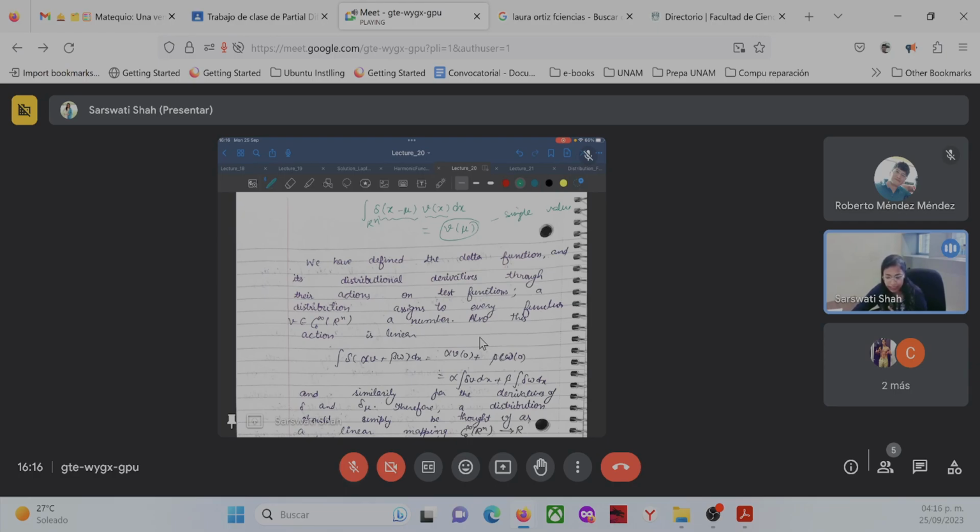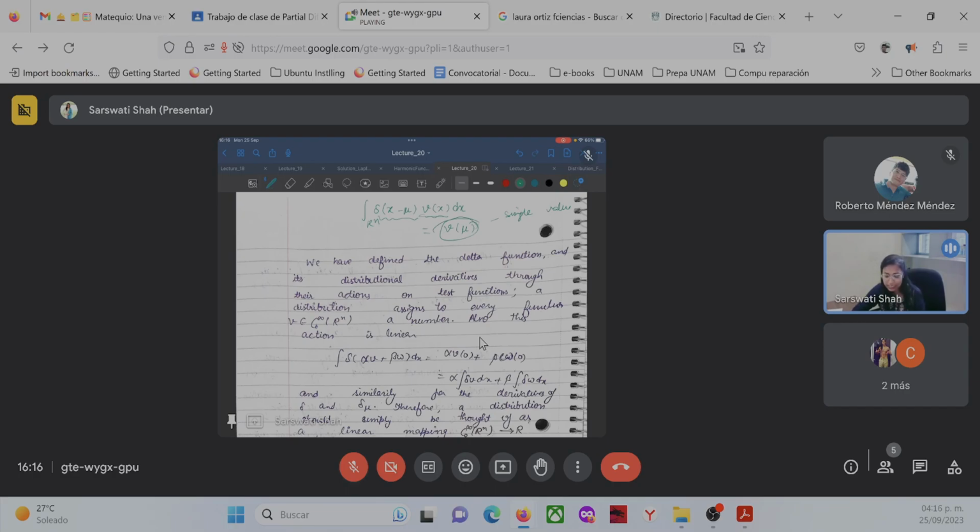We have defined the delta function and its distributional derivatives through their action on a test function, because this v is a test function. A distribution assigns to every function v a number.